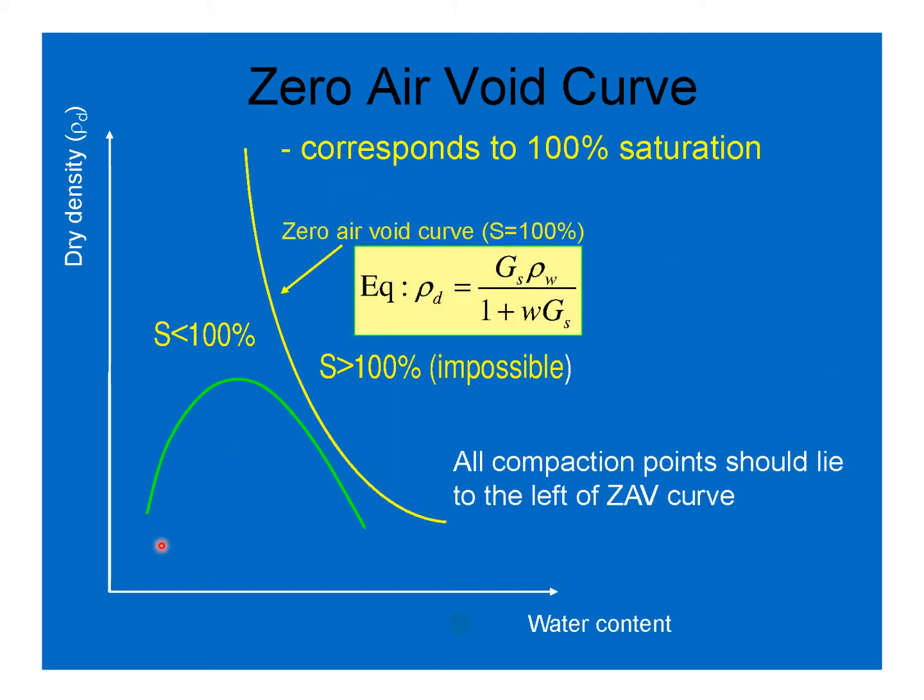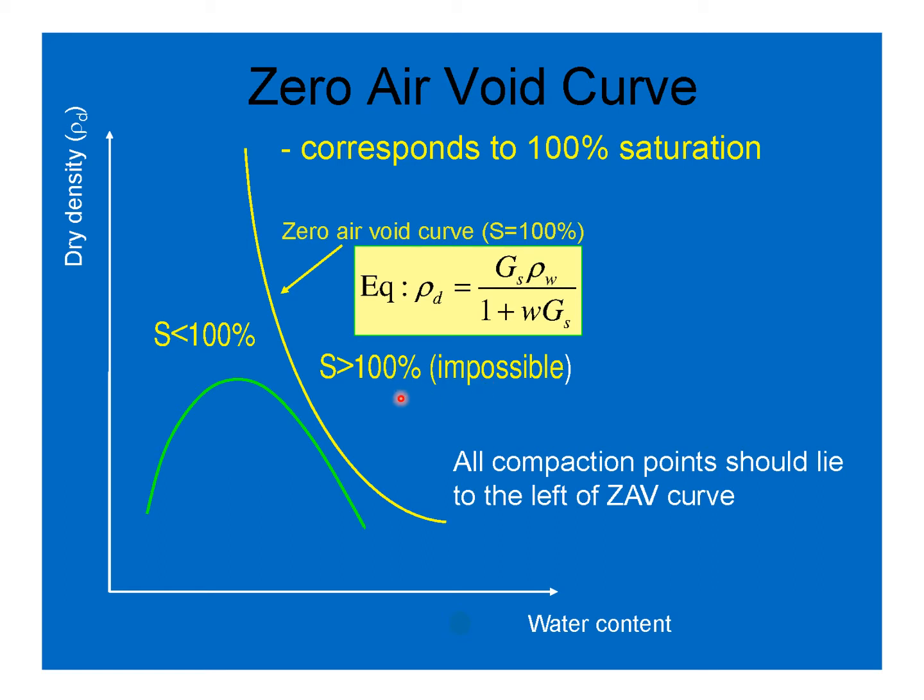Here you can see the typical compaction curve and the zero air void curve, or you can say the 100% saturation curve. Your actual compaction curve is always on the left side of the zero air void line, and this part where the degree of saturation is greater than 100% is impossible.